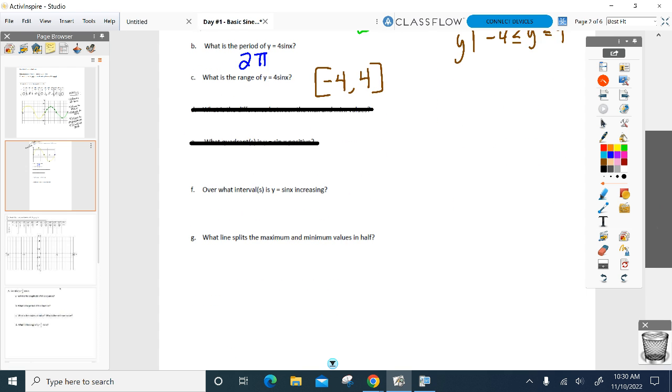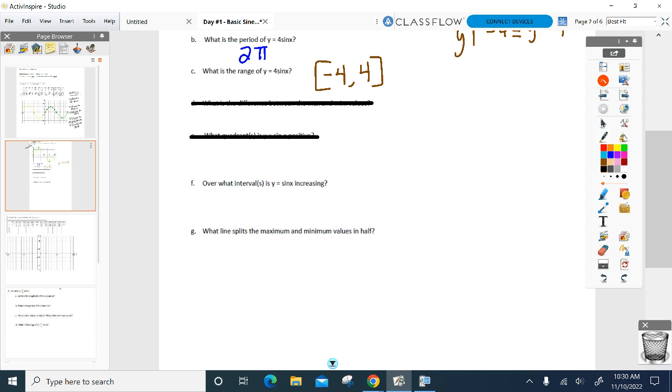And when we write it, we're going to write it with parentheses, and I'll show you why. So from 0 to pi over 2. Now, why do I write it with parentheses and not brackets? Because at 0, it's not doing anything. It's just a point. It's not actually increasing at 0. And the same thing at pi over 2. It's just a point. It's there. It's not increasing.